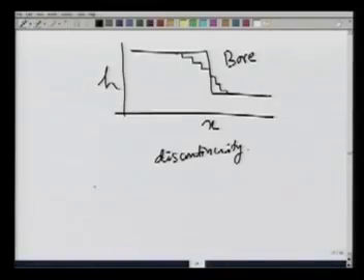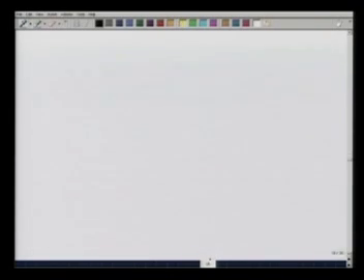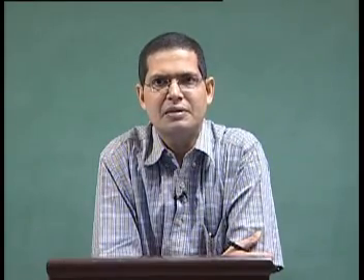So, what we do? This is called a numerical error. Because the Lax scheme is only second order accurate in space and first order accurate in time, we find these types of errors.